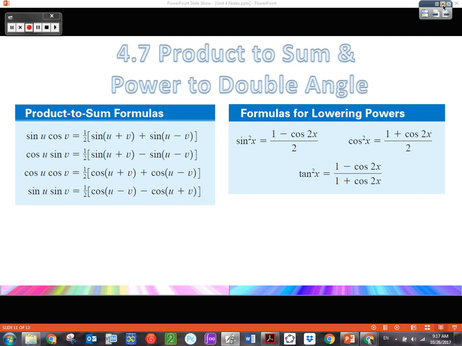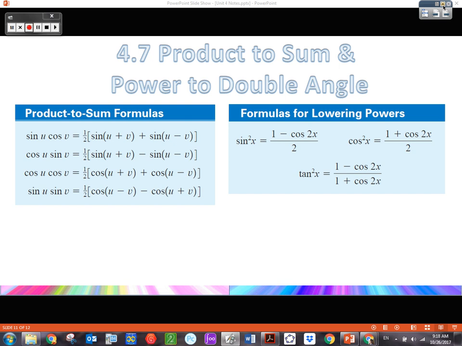So let me explain the importance of these kinds of formulas and why we're learning them. These are very important to us in calculus, and more specifically in calculus 2. In AB calculus, we cover just calculus 1, one semester of college calculus. In BC calculus, we cover 2 semesters, calculus 1 and calculus 2. And these formulas are critical in calculus 2 for integration.